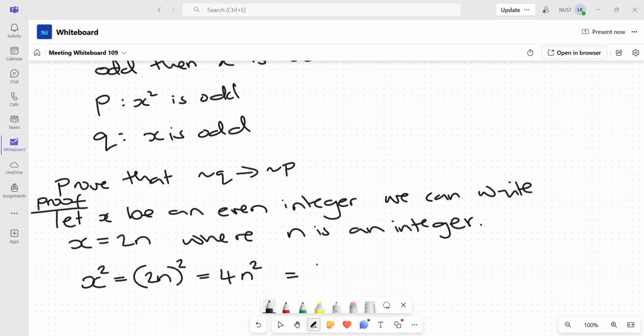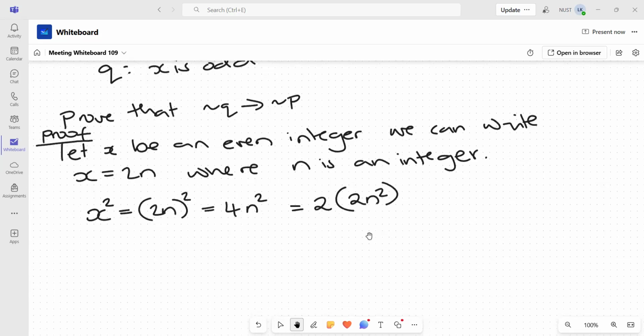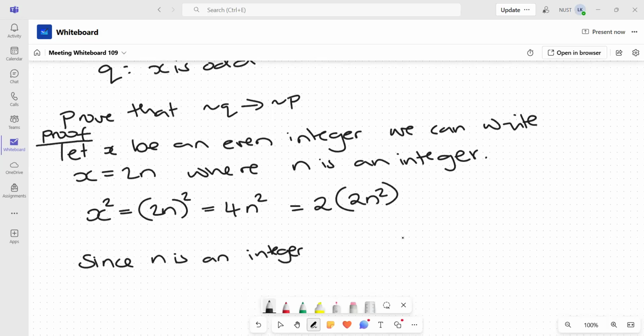And 4n squared, I can write as 2 times 2n squared. Now this 2n squared, we know that since n is an integer, this means that n squared, in fact 2n squared, is also an integer.